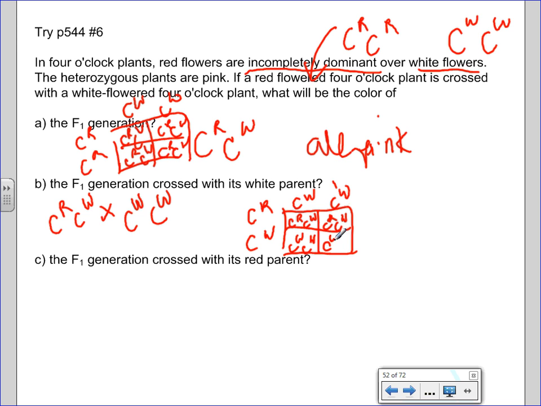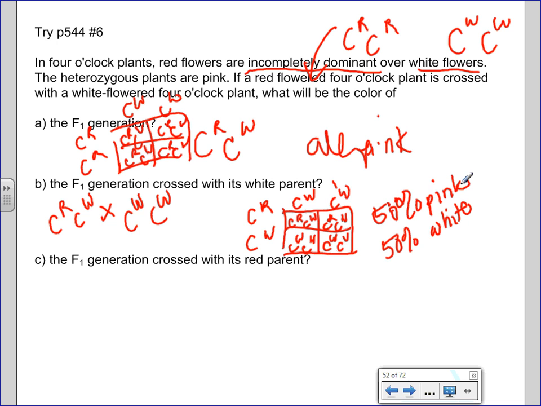So 50%, or you can do it the other way. You could say 50% are pink, RW, and 50% are white, WW. Or you could have said 2 to 2.